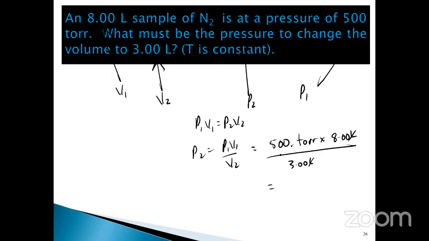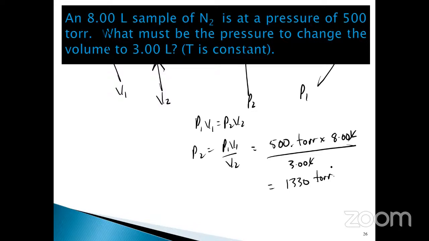Get my calculator. So 500 times 8 divided by 3. According to my calculation, this works out to be, when rounded off to 3 sig figs, 1330, and the final units will be torr. All right? And that's basically how Boyle's law works.